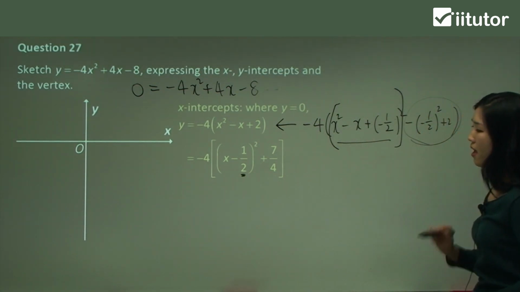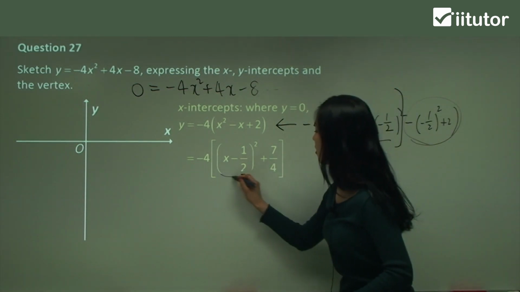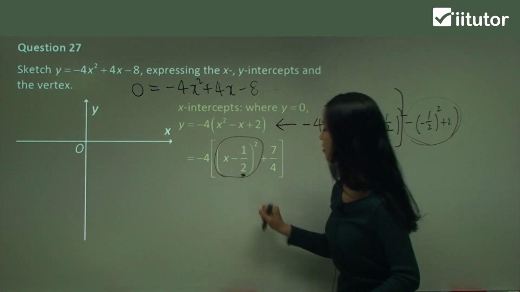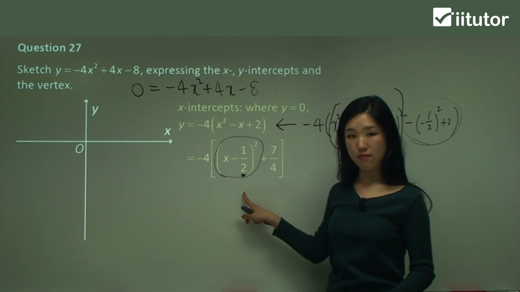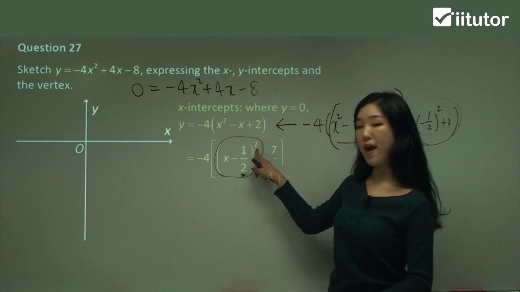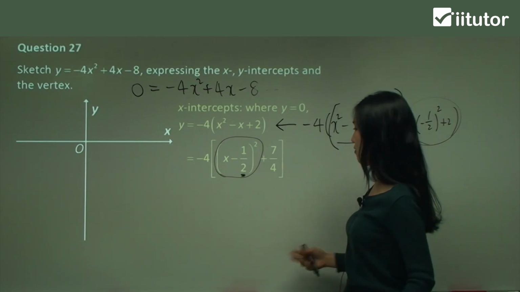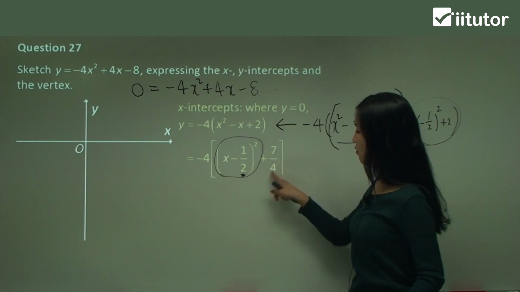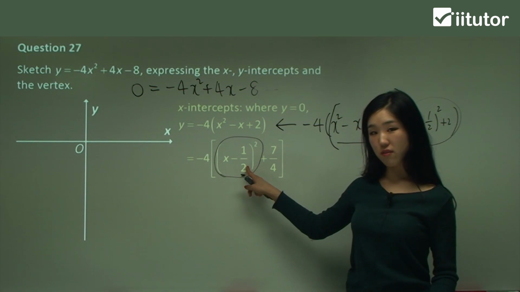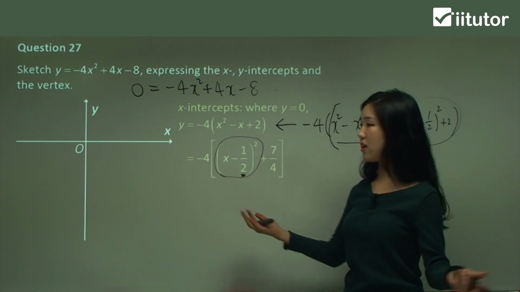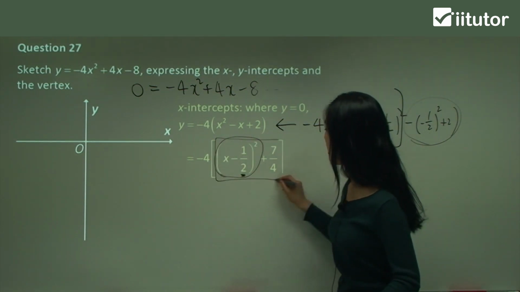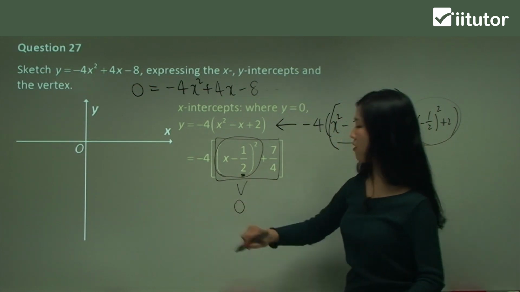Okay, have a look, guys. Look at this. Is that a positive number or a negative number? It's something squared, so it must be positive. Anything squared is always positive. And if we're adding a positive number to a positive number, it becomes even more positive. So this whole thing here is greater than 0.